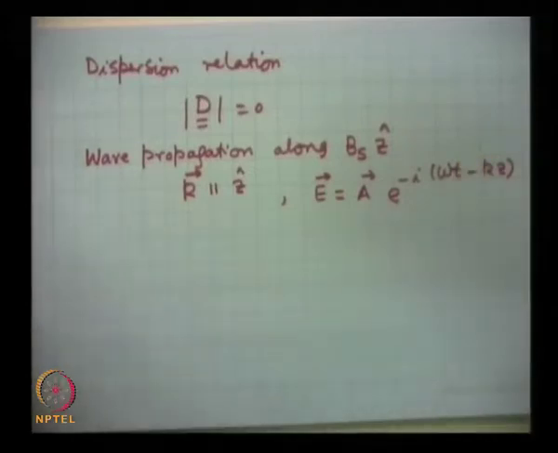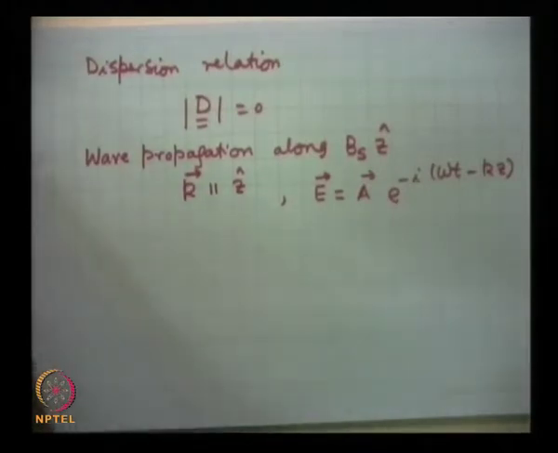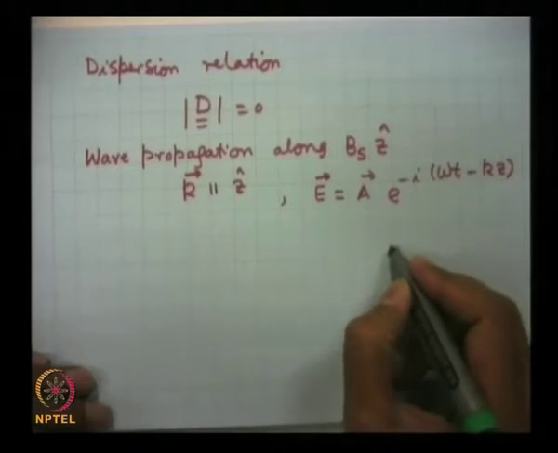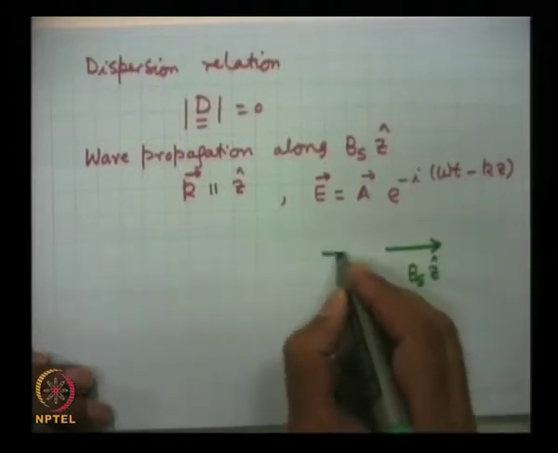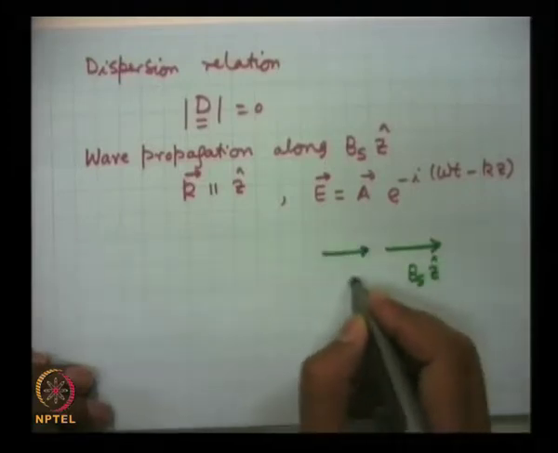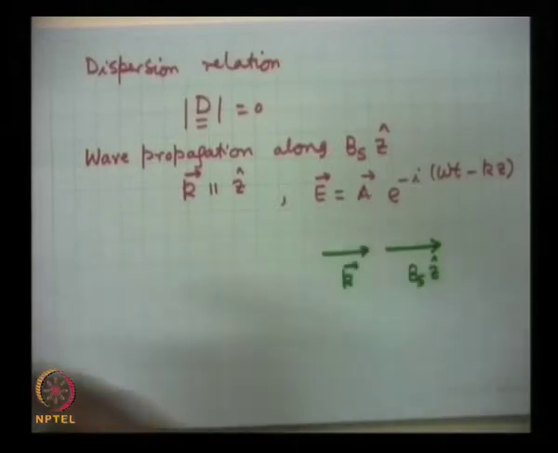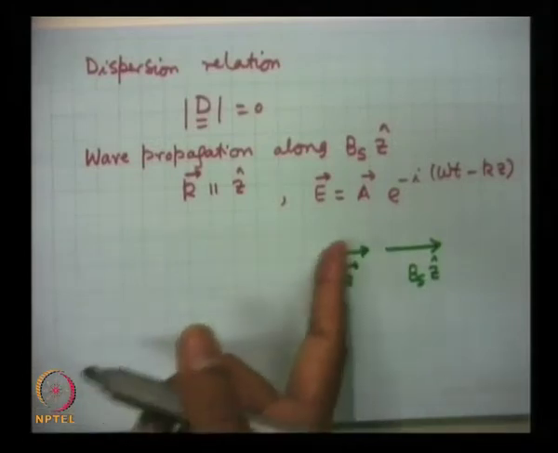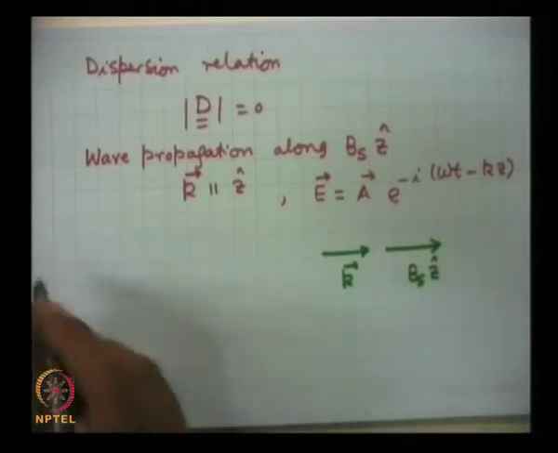So, I am going to discuss a particular case when k is parallel to the z axis, meaning I am considering a magnetic field in this direction and my wave traveling in the same direction. But I would like to find out whether the wave still maintains its transverse character or not, whether it is a linearly polarized wave or its character is different. Let us examine all that.